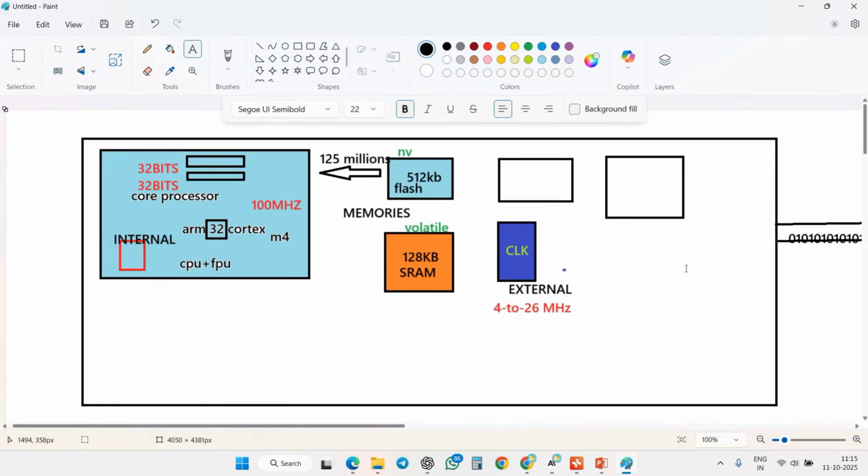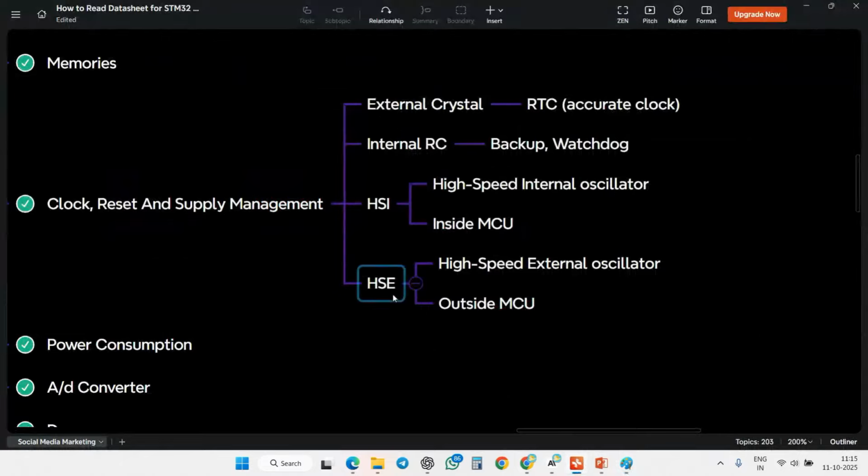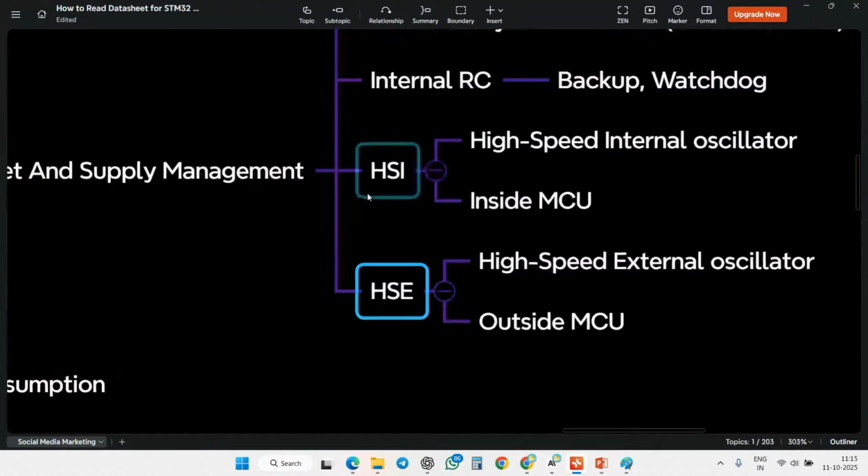This external clock providing oscillator can produce in the range of 4 to 26 megahertz. The internal clock can produce 16 megahertz. Here we have some range. This is HSE, so we have 2 variants.